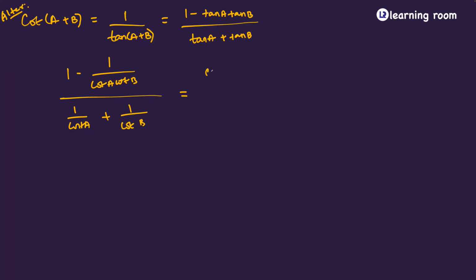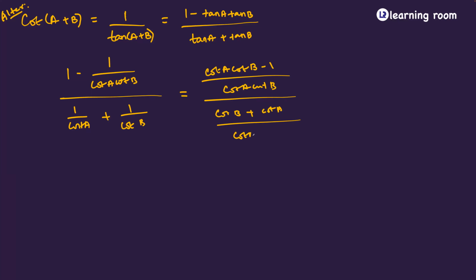So in the numerator, you will have cot A cot B minus 1 divided by cot A cot B, the whole divided by cot B plus cot A, the whole divided by cot A cot B. Gone, and there's the final expression. So it will be cot A cot B minus 1 divided by cot B plus cot A. Got it?